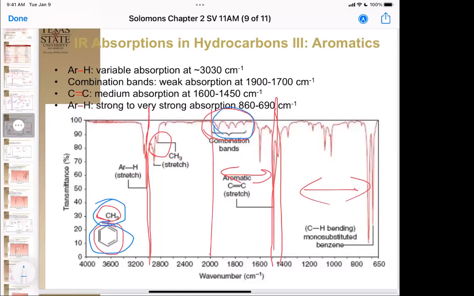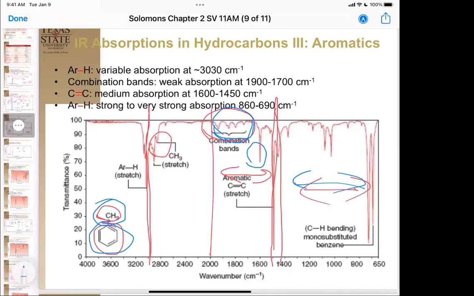In fact, we see these crazy little things called combination bands. I told you that an aromatic ring isn't exactly a single bond alternating with a double bond. So it's not 3 double bonds and it's not 3 single bonds. That's why we get this weird pattern. So we have that very common pattern, but we also have a nice clear peak that is our carbon-carbon double bond. And then we'll have some carbon-carbon single bonds down here as well.